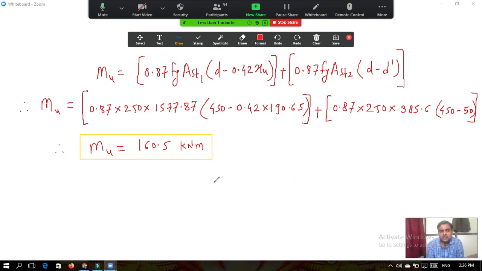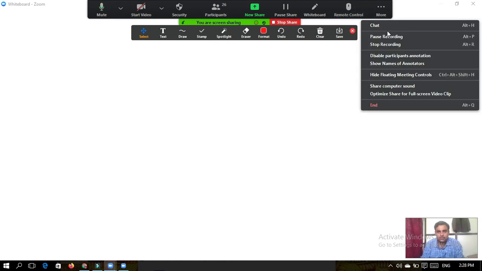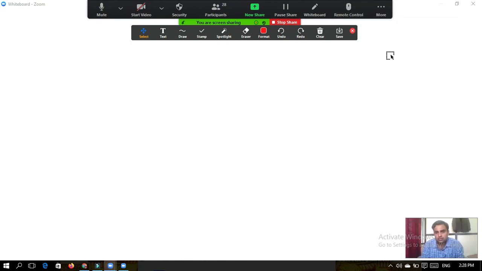If the section is under-reinforced, to calculate the ultimate moment, your formula is TU into Z. That we have already studied in the design of singly reinforced section. But the doubly reinforced section is made up of two sections, the singly reinforced section plus the additional section.